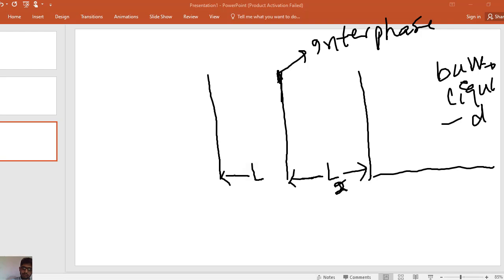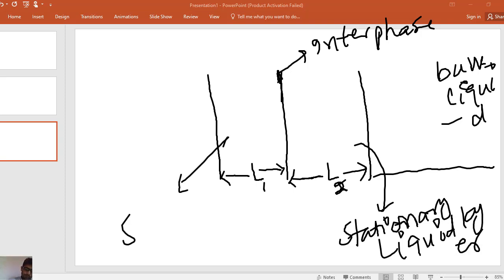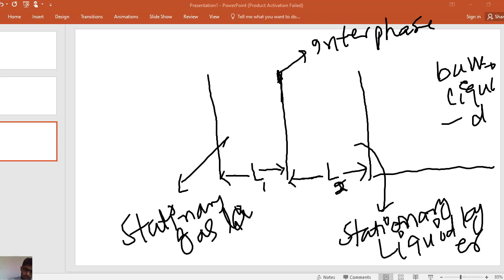The thickness of the stationary gas layer is L1.